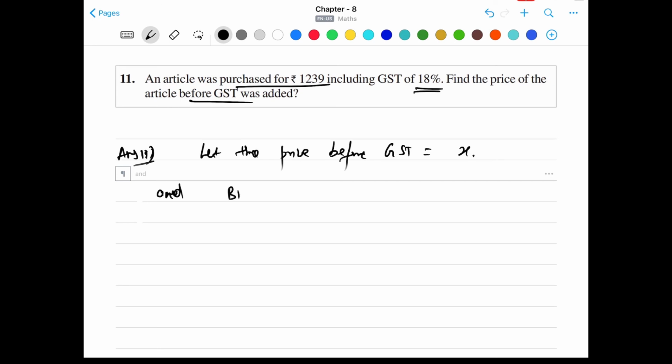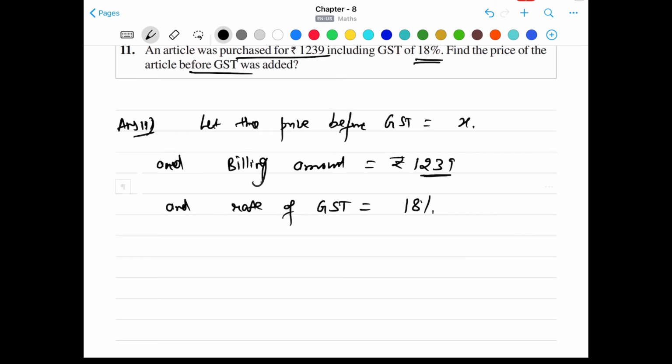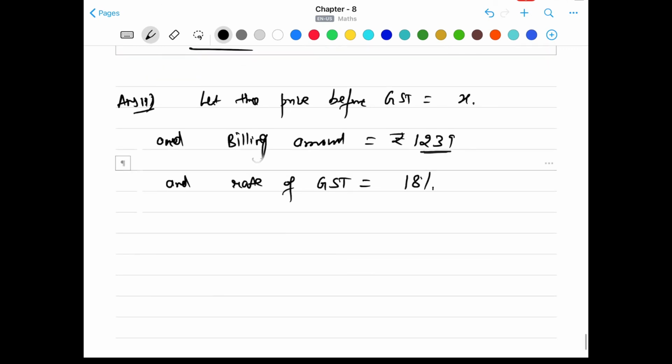So we'll write the billing amount is equal to 1239 rupees, and the rate of GST, which means goods and service tax, is 18%. So this amount includes the GST of 18%.